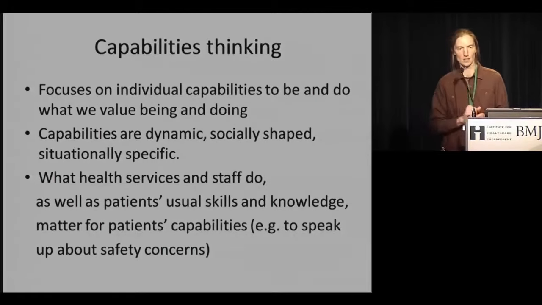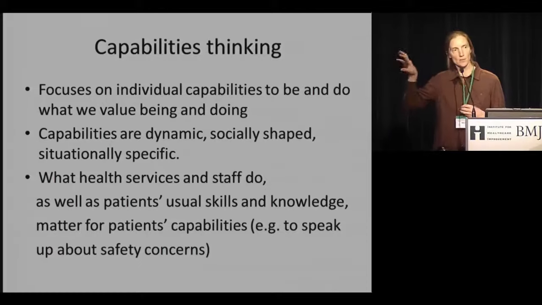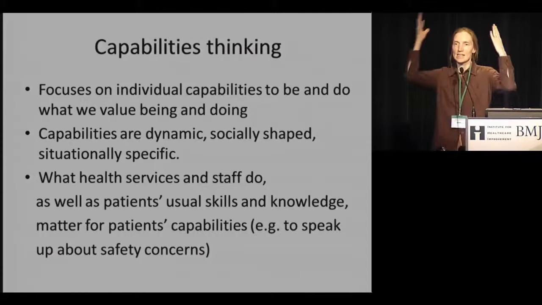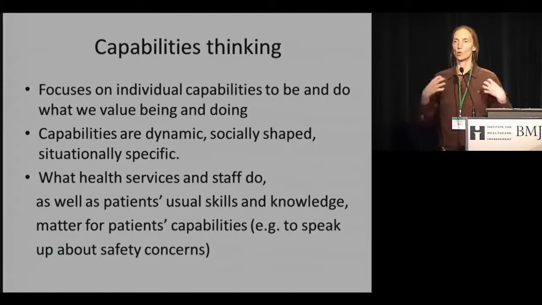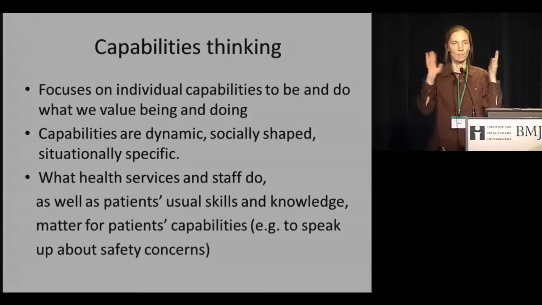So capabilities are socially shaped, and I think those illustrations from some of those quotes illustrated how patients, when we're transplanted into different healthcare situations, our usual capabilities might be moderated. Capabilities to speak up. So I think what capabilities thinking really encourages us to focus on in this kind of context is that we shouldn't be just focusing on what the individual out there has as capabilities, if they're intrinsic properties that they can acquire, have and use wherever.